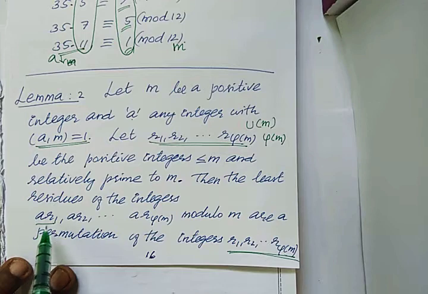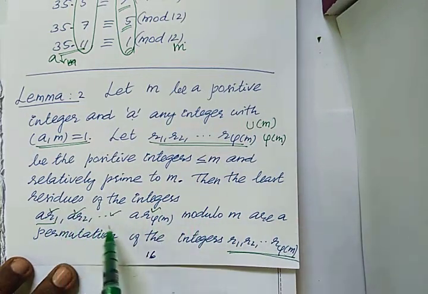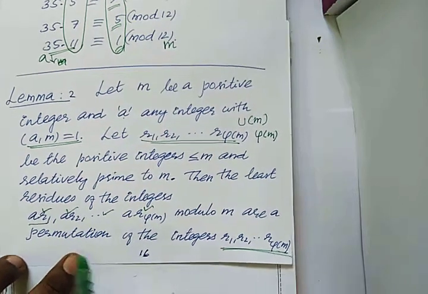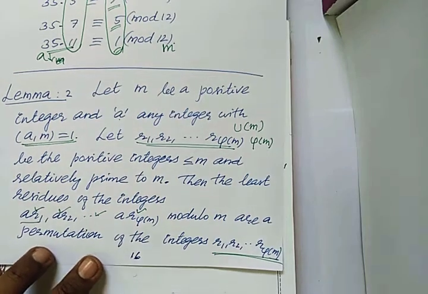If you take modulo M for each of these integers, we will get these phi of M integers in some order. This is the statement.